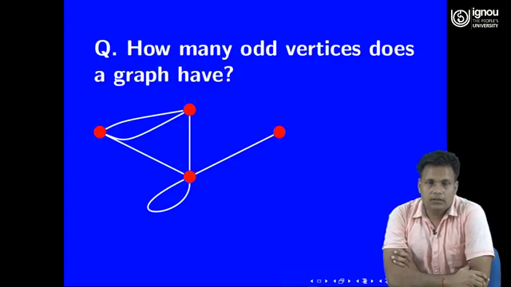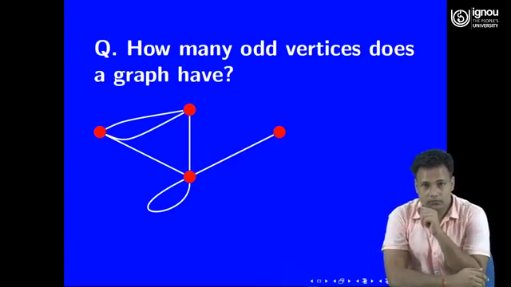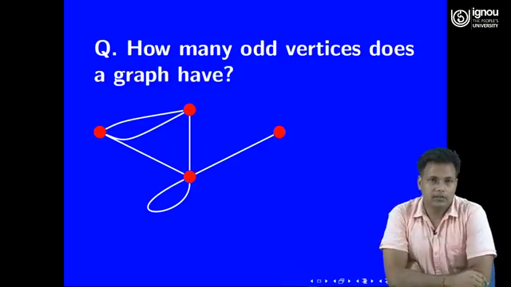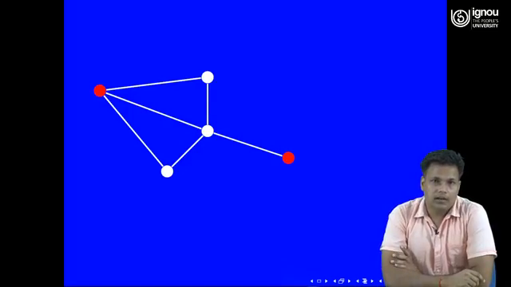Now the question arises, how many odd vertices does a graph have? And this is actually related to the handshaking lemma. In this graph we can see that there are 4 odd vertices. On the other hand, if you look at this graph, there are exactly 2 odd vertices. One has degree 1 and another has degree 3.